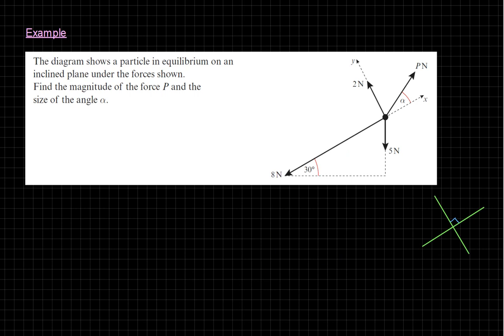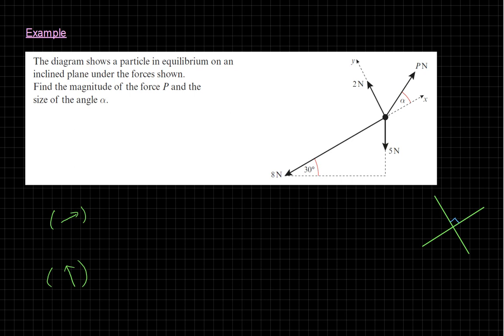Okay, so let's put that there. Right, so let's resolve. Let's see what we can do. In the case of the direction going that way, and let's just make a note here, there's also that direction. Okay, so going up the plane, what forces have we got?